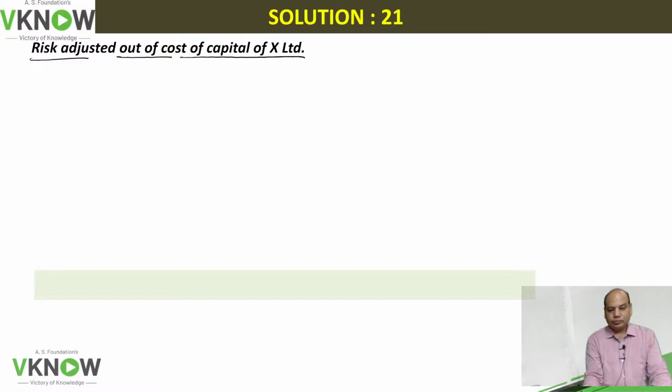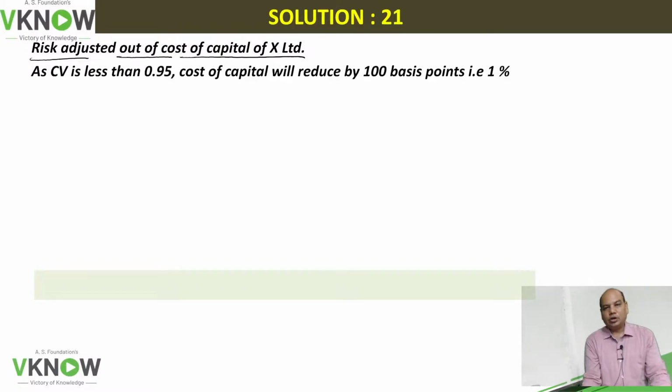Write a note first: as coefficient of variation is less than 0.95, cost of capital will reduce by 100 basis point, that is 1%.